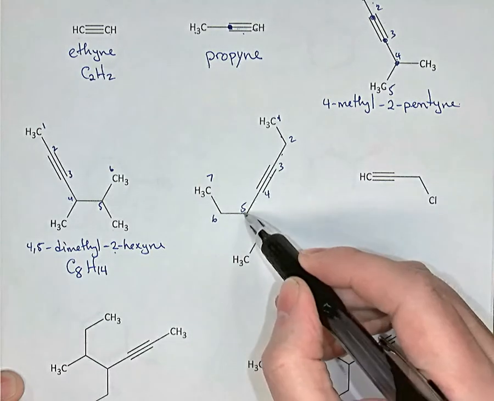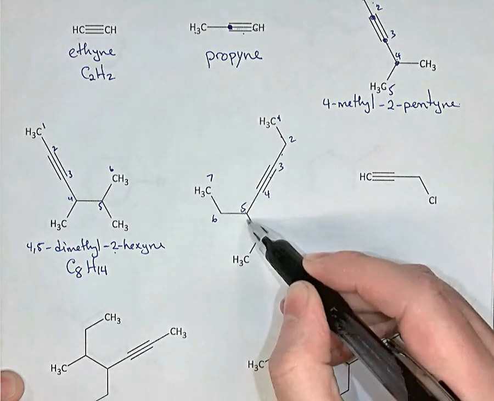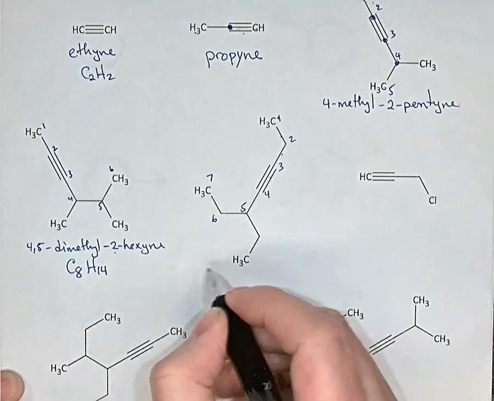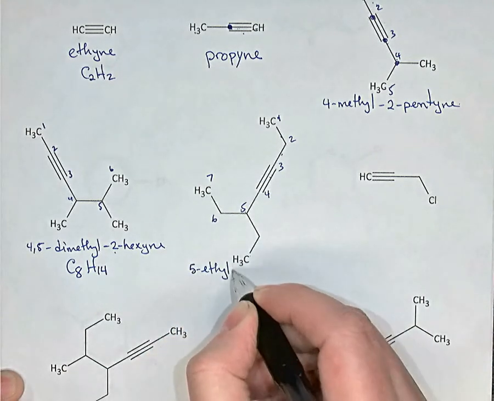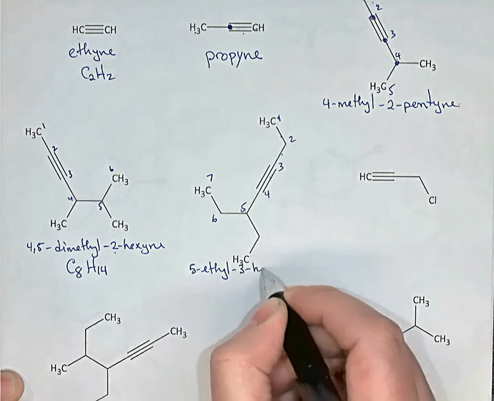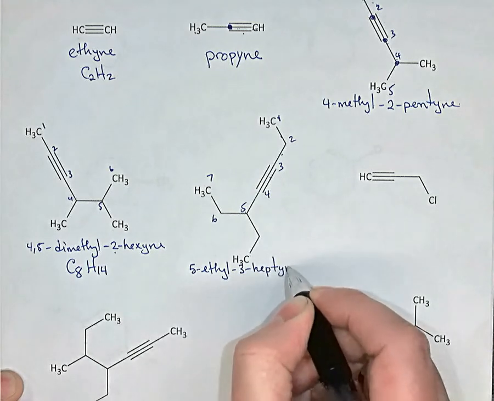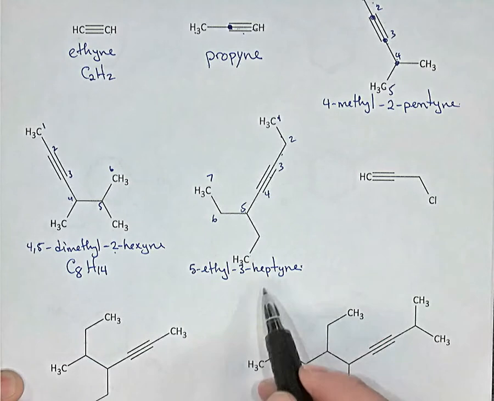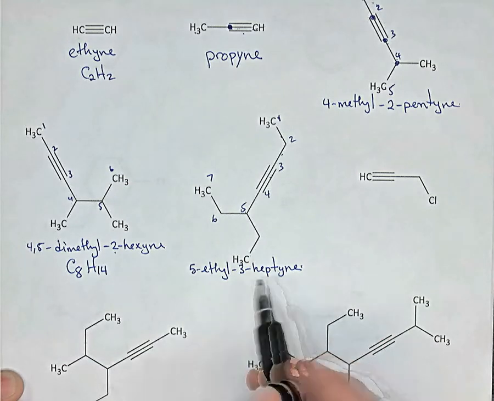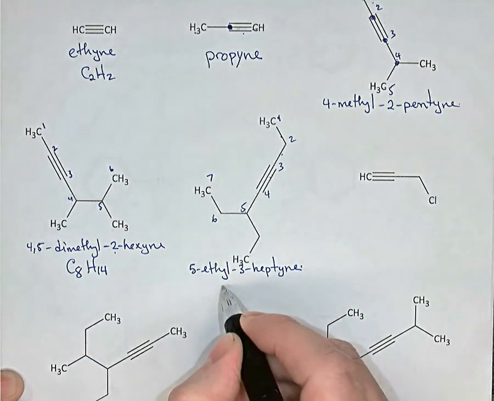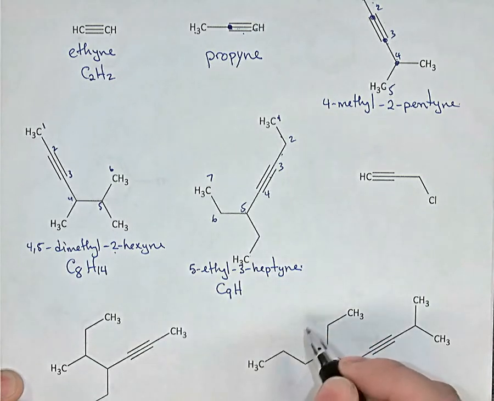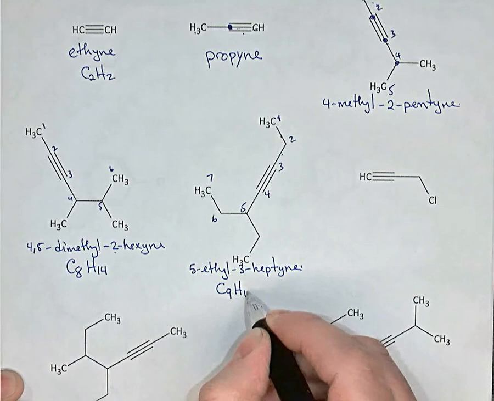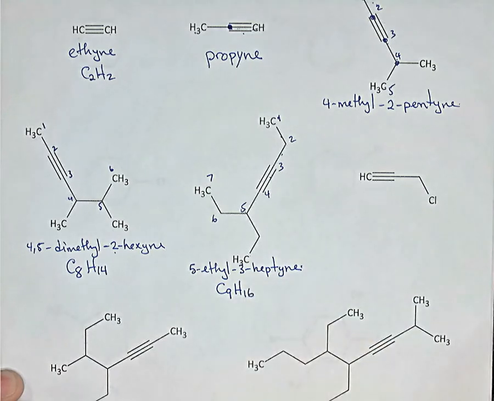And on carbon number 5, there's this ethyl branch with 2 carbons. So this would be 5-ethyl-3-heptyne. Heptyne has 7 carbons, ethyl has 2 carbons, so this is C9, and then double that minus 2, C9H16 would be the formula.